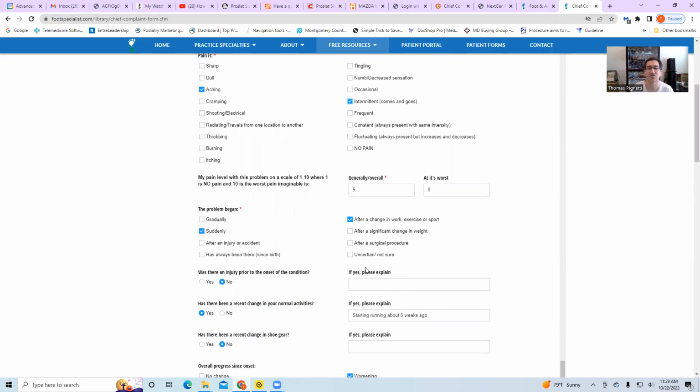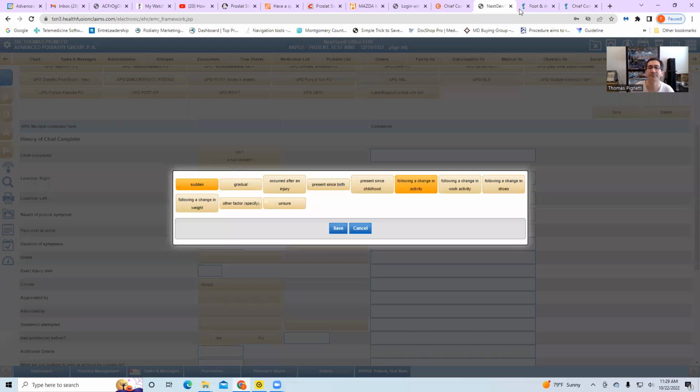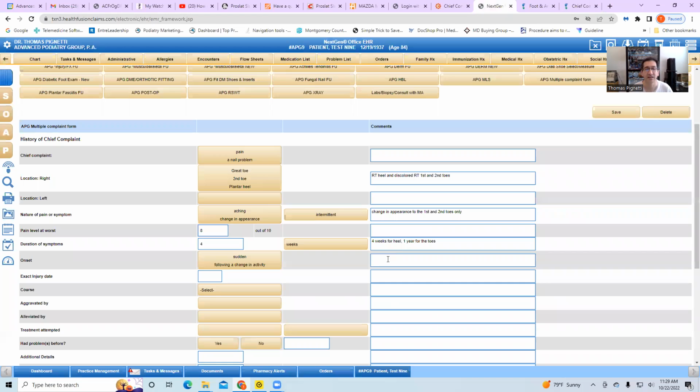They go ahead and put an extra blank over here for people to specify something if they're going to add something. Anyway, so just sudden following a change of activity. So started running 6 weeks ago because I specified that.